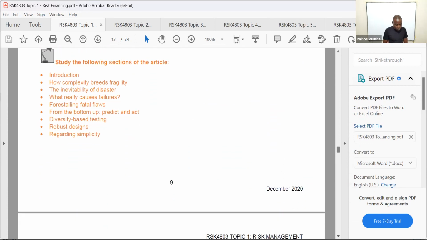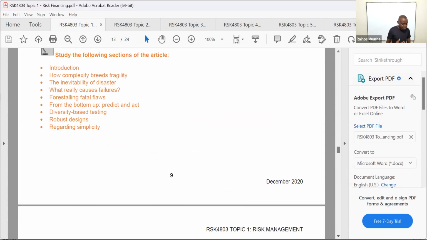And here, the main thing is how do you ensure that your organization is adaptive enough to mitigate the effects of these risk factors. The main message coming from study unit 2 is about exogenous factors that can affect your organization.